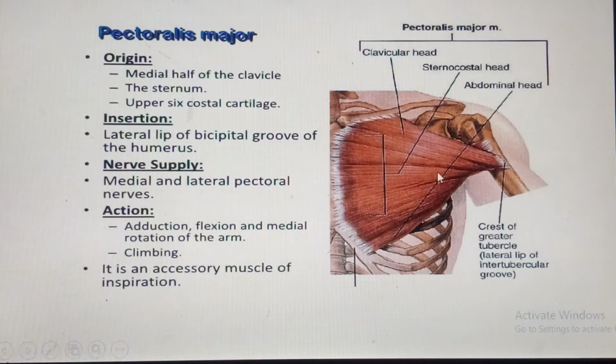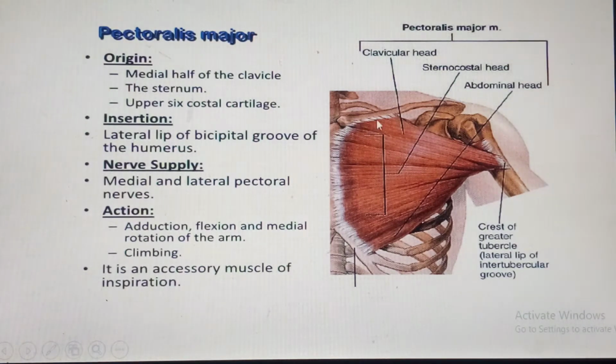If you've flexed your arm at the shoulder joint with the help of the clavicular head of the pectoralis major muscle, then you can bring that flexed arm back to its normal position, and that's why we say it helps extend the flexed arm at the shoulder joint.